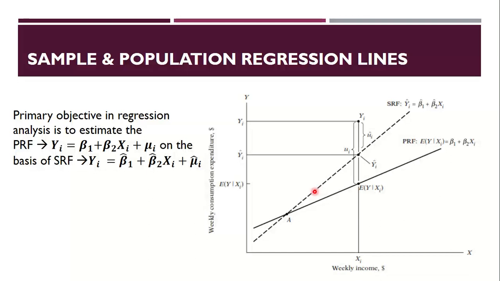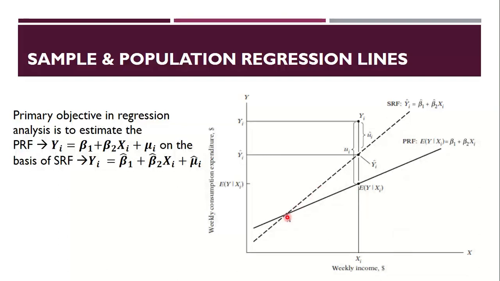That means the sample regression line is above the population regression line, so yi hat from the sample regression function overestimates the true population regression function.